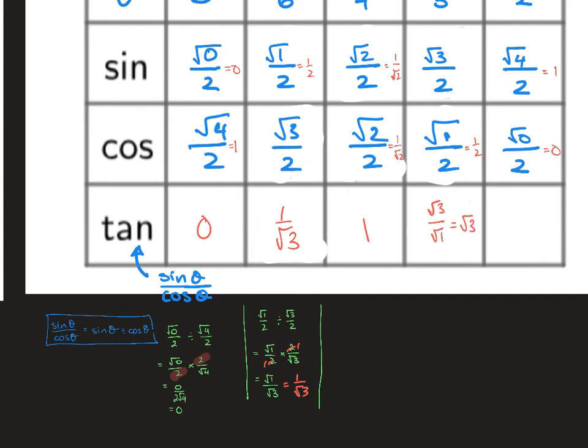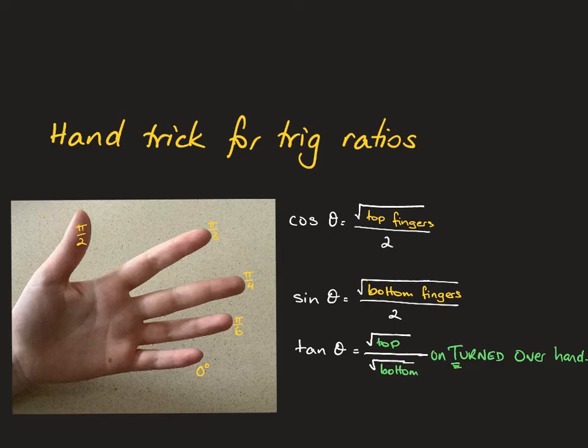And for the last one, 1 divided by 0, undefined. So you can just remember that table.